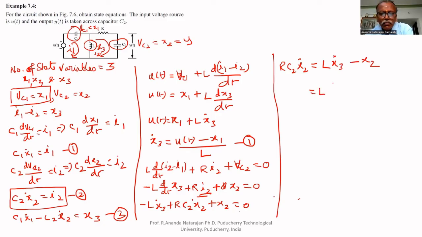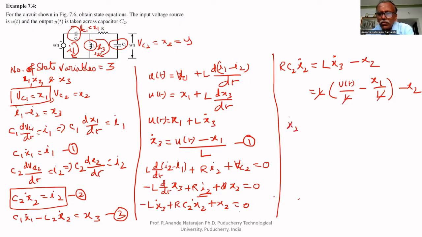That is equal to L. Already we know the expression for x3 dot, that is u of t divided by L minus x1 divided by L, minus x2. So this L gets cancelled.